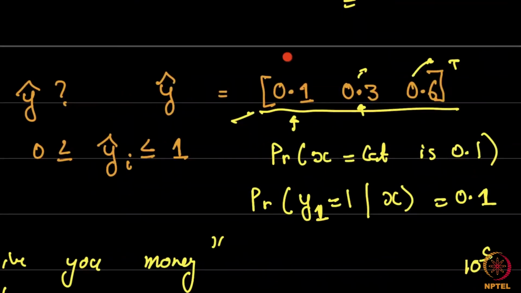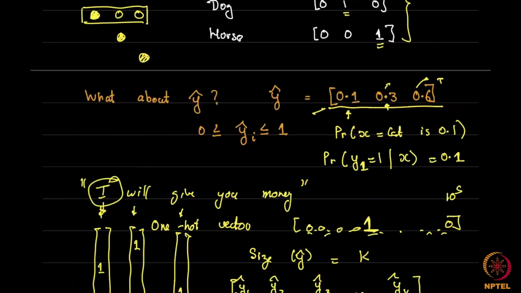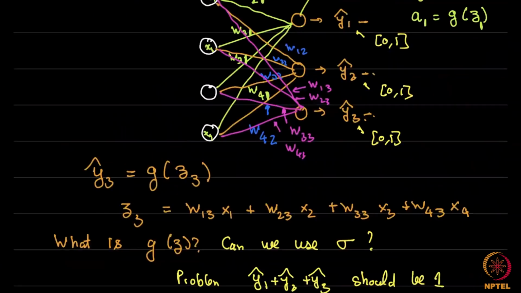If the probability that it's a cat is 0.1 and the probability that it's a dog is 0.3, the probability that it's a horse should be 0.6, because the sum of these three should add up to 1, because these are the only three possibilities that exist. On the other hand, if it is just sigmoid, this could be 0.5, this could be 0.5, this could be 0.5, and we would no longer be able to interpret it the way we want.